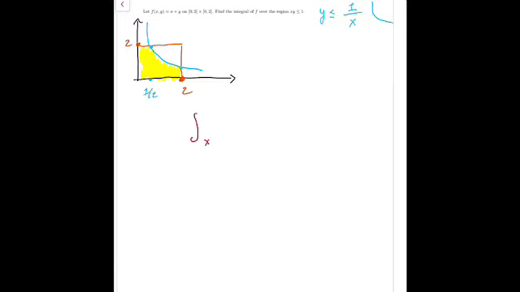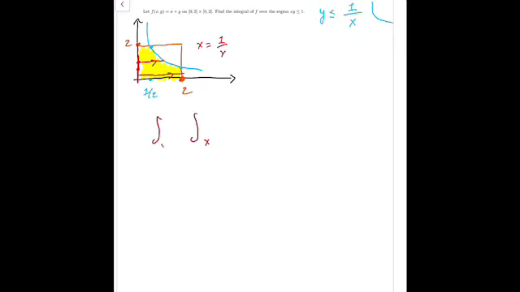I'm going to do this with the x integral on the inside. So notice that for y values going from 0 to 1/2, x is going to go from 0 to 2. But then for y values from 1/2 to 2, x is going to go from 0 to this blue curve right here. That is, x is equal to 1 over y.